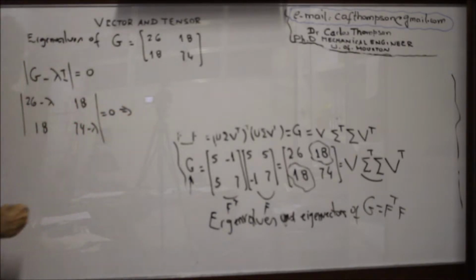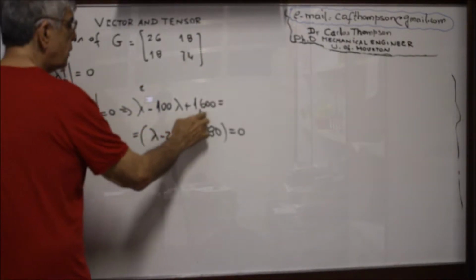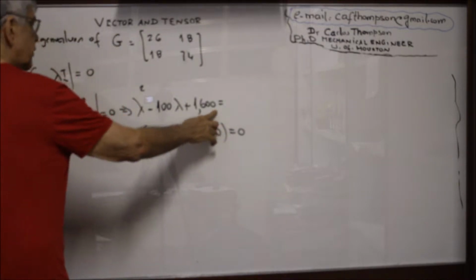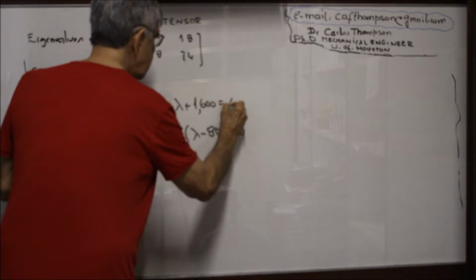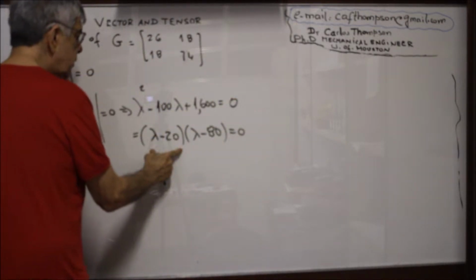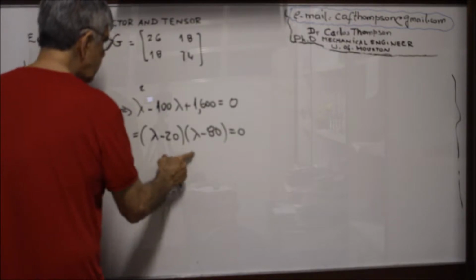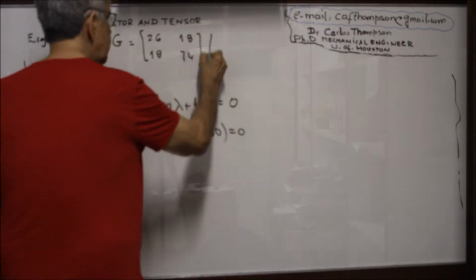This implies lambda squared minus 100 lambda plus 1600 is equal to 0. We can write this in terms of these products: lambda minus 20 and lambda minus 80.